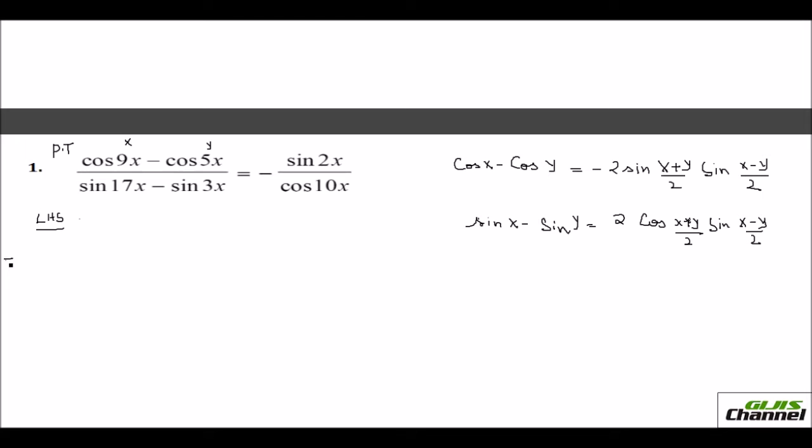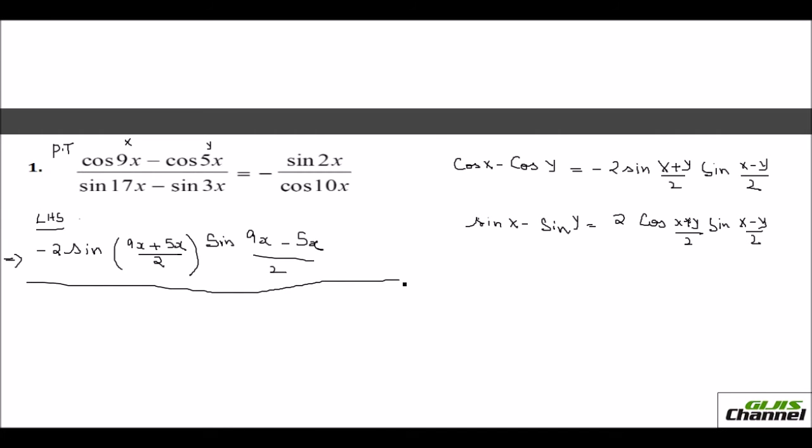So that implies minus 2 sine((9x plus 5x) over 2) times sine((9x minus 5x) over 2). Divided by, next it is sine 17x, right?